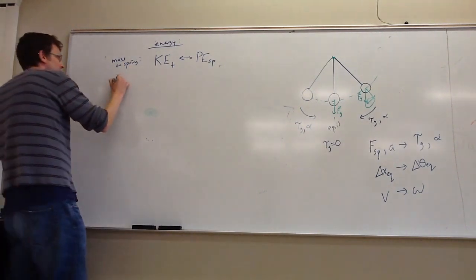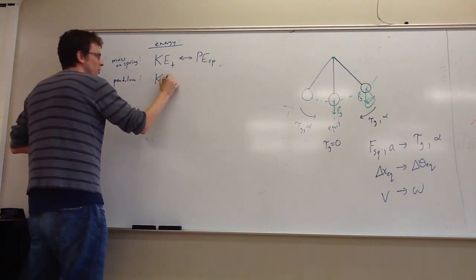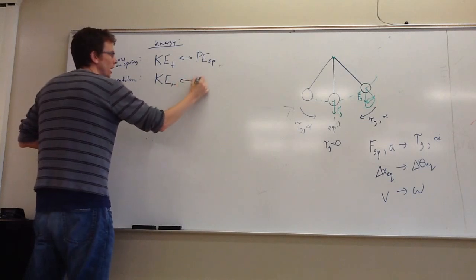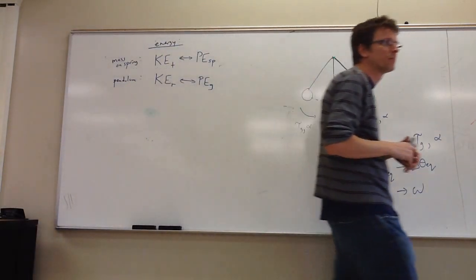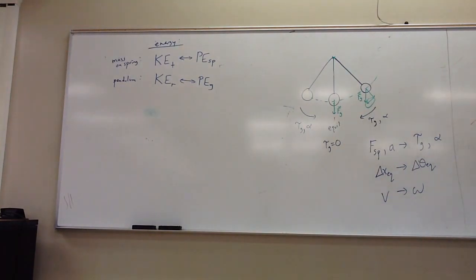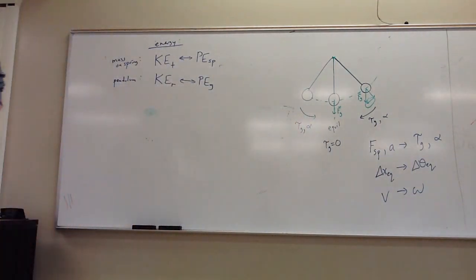For the pendulum system, what's being traded is rotational kinetic energy and gravitational potential energy. So remember, energy is just another picture, right? It's a complementary way of looking at things. Instead of saying that something speeds up and slows down during the oscillation, we say that it gains or loses kinetic energy, right?